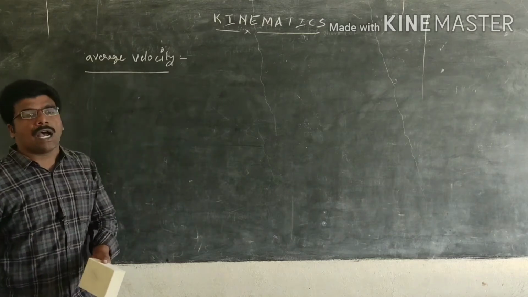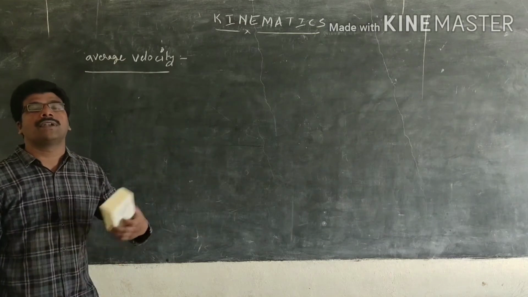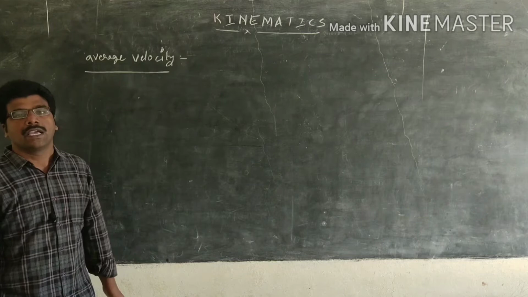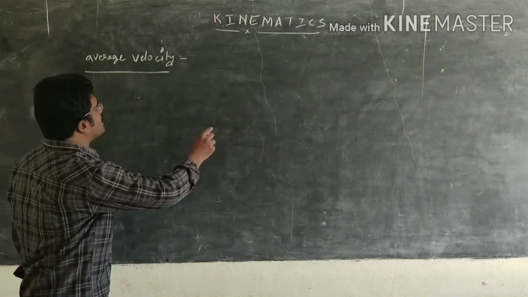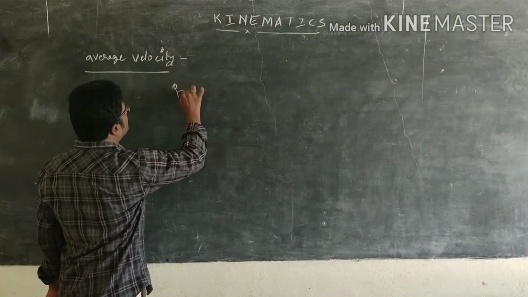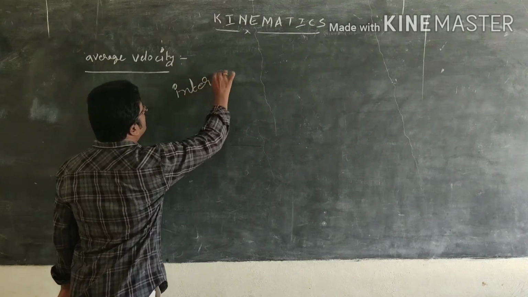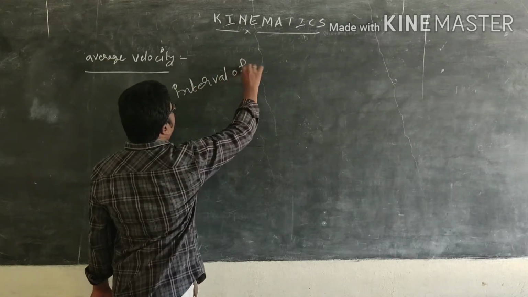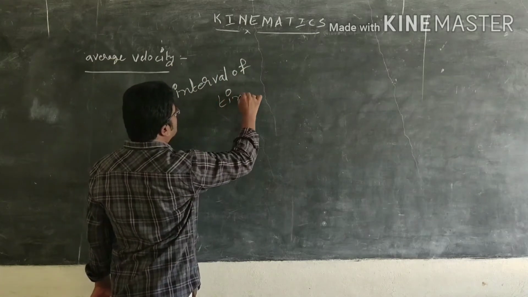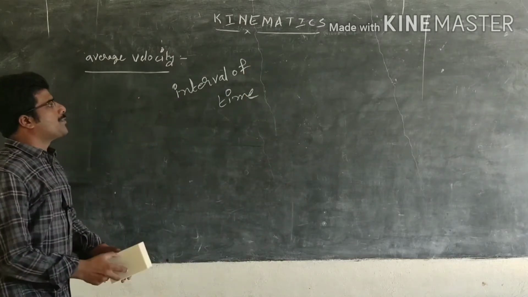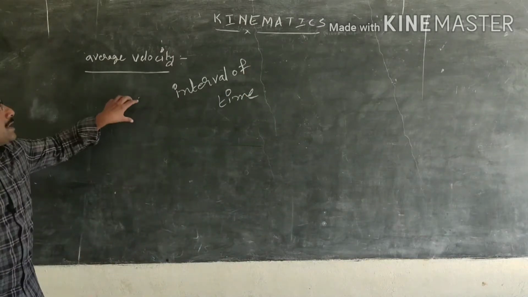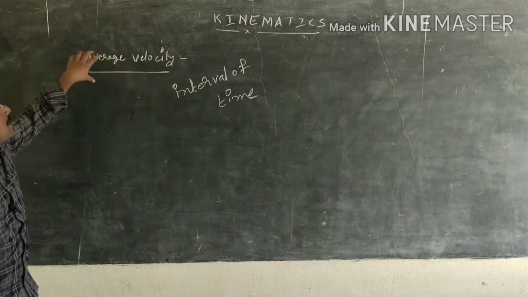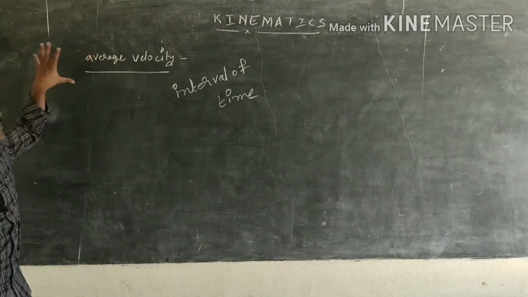Average velocity is calculated over an interval of time. So, if you calculate the velocity in an interval of time, it is known as average velocity.